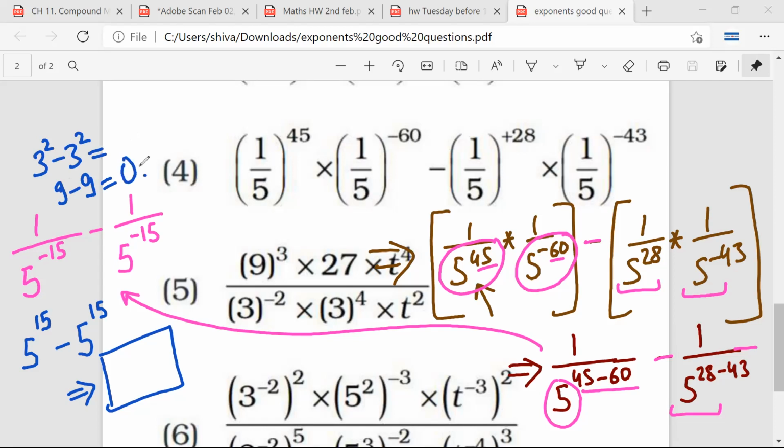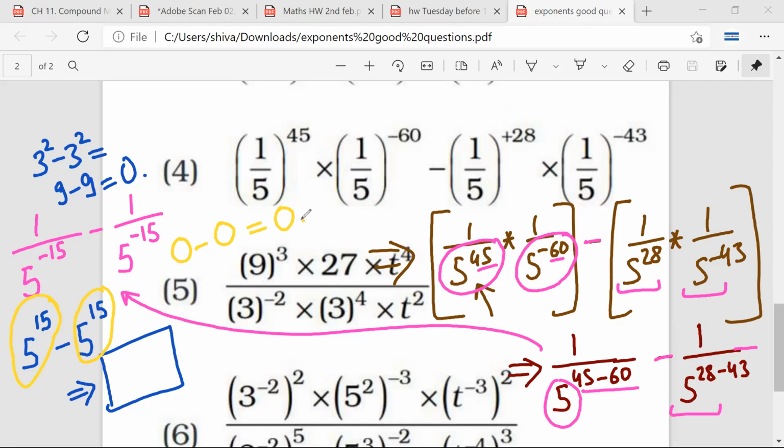You simplify it further and then you do it. So it will be 0. There's no division or multiplication sign. This is 5 raised to power 15, which would be some number. And 5 raised to power 15 would be the same number. And therefore this would be equal to 0.